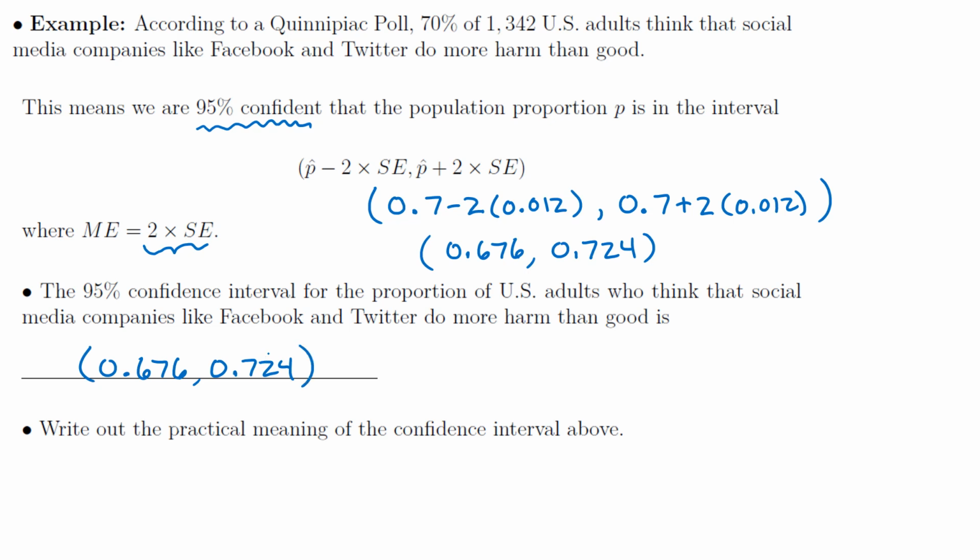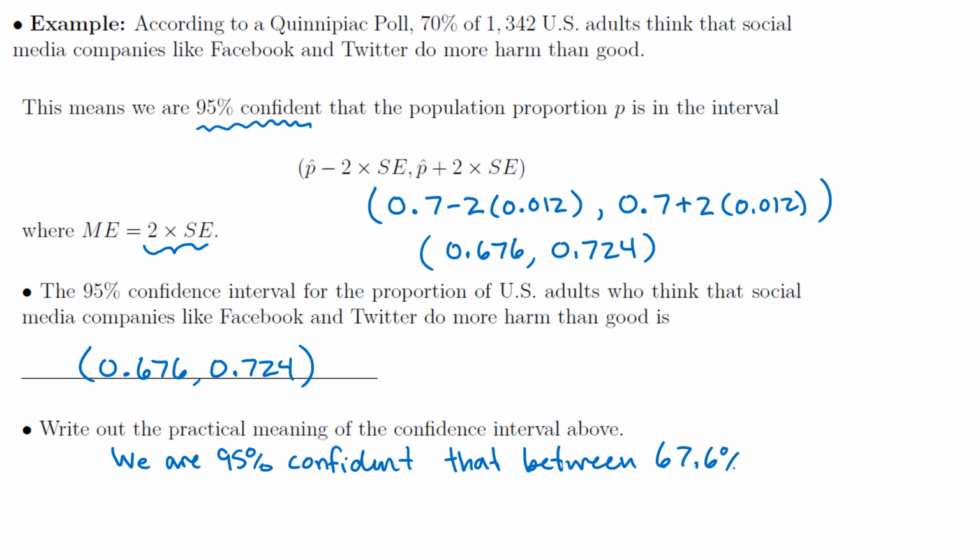So what does this mean, right? What it means is that we are 95% confident based on our sample. We are 95% confident that between 67.6% and 72.4% of, and of course we're referring to our population here, okay?